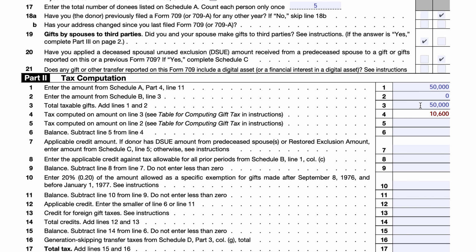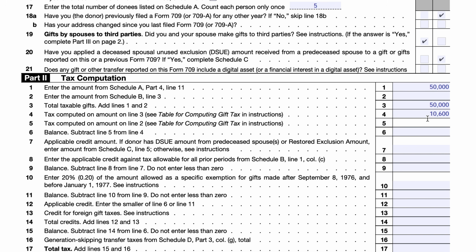And then we're going to calculate the tax on the amount on line 2. If this was, let's say, $20,000, then we would put a difference in here. We would calculate the difference. And again, we're comparing prior periods to the current period, because when we apply the credits, we're going to have to apply the total credit and then back out the credits that had previously been used.